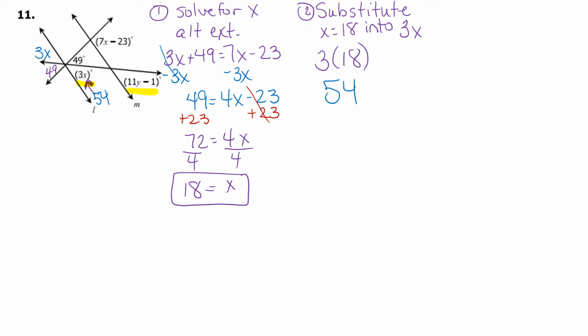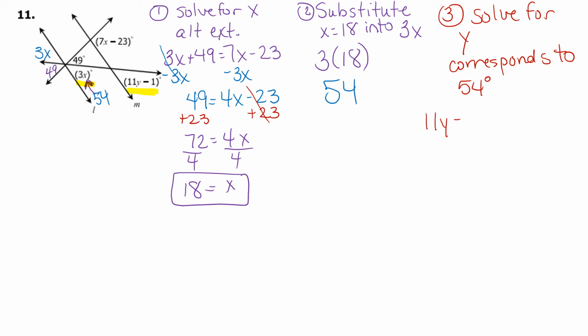So our final step on this problem of number 3 is going to solve for the y. And we know those are corresponding. The 54 degrees corresponds to the 54 degrees. So that's going to give me 11y minus 1.